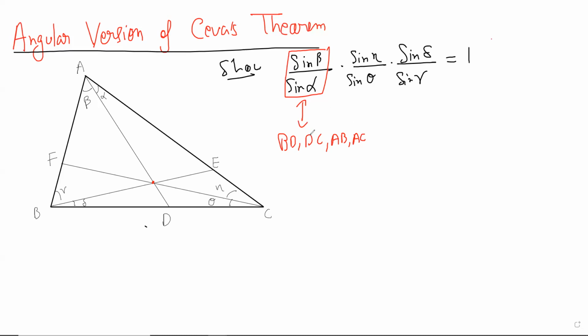This is the connection we have to make, right? To connect this with this thing. Obviously, eventually we are going to apply the usual Ceva's theorem. So what's the connection? Can all of you try it now?